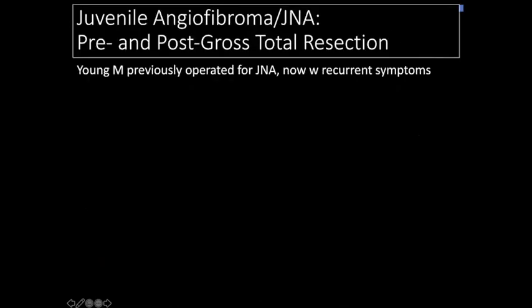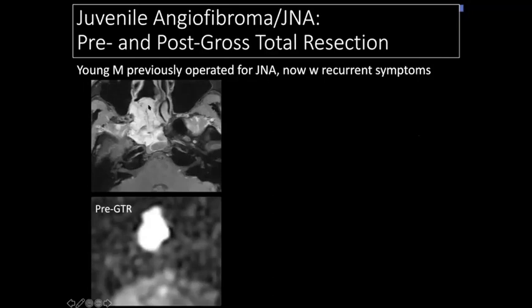Moving on to some cases of post-treatment imaging. Here's a young patient previously operated for a juvenile angiofibroma who now has recurrent symptoms. We look at our post-GAD image, we see this large hypervascular lesion involving nasal cavity, paranasal sinuses, skull base. It is extremely bright prior to gross total resection.